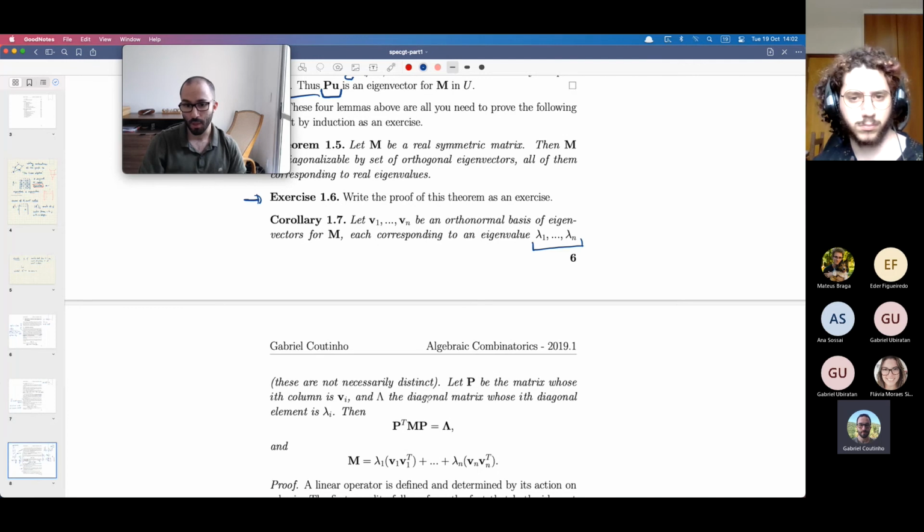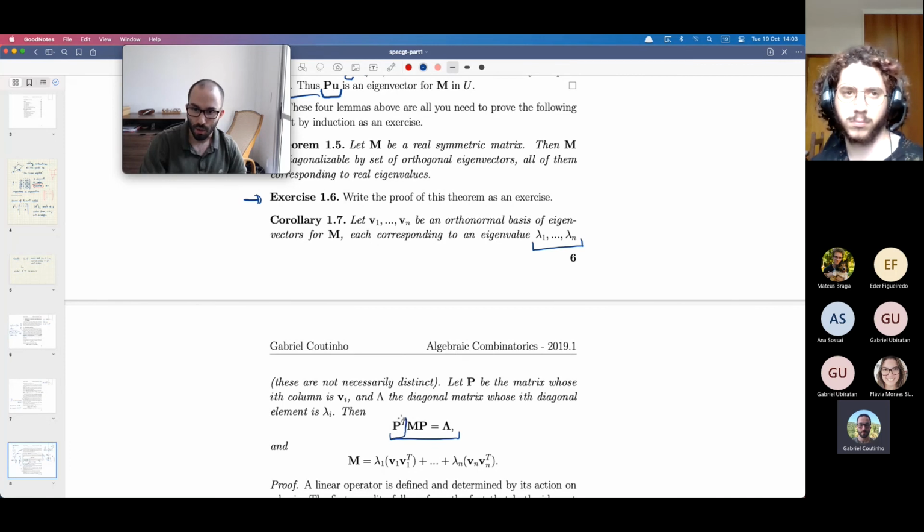Let P be a matrix whose ith column is Vi, so P is the matrix that contains the eigenvectors as columns, and capital lambda be the diagonal matrix whose ith diagonal element is lambda i. Then, of course, all of you know that if a matrix is diagonalizable, this is true. You pre-multiply and post-multiply by the matrix that contains the eigenvectors and its inverse.